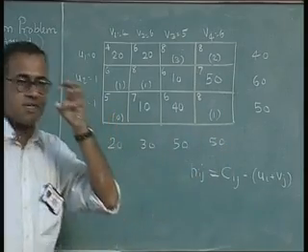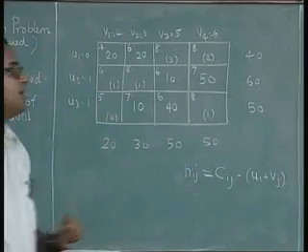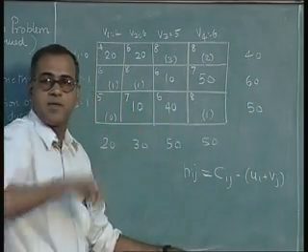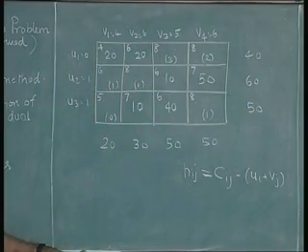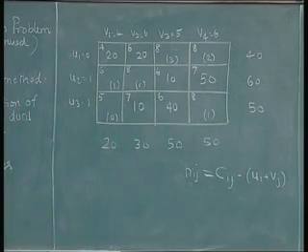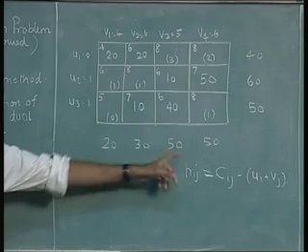So let us assume that there is a middleman who is willing to buy these 40, 60 and 50 exactly at the supply points, and then he is going to sell these 20, 30, 50, 50 back to the people who are interested in buying at the demand points.